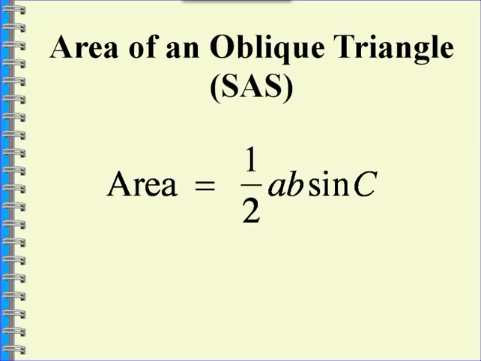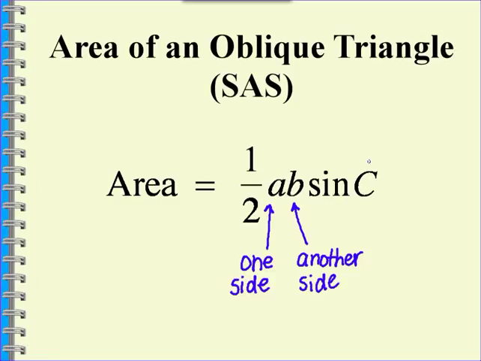If we're finding the area of an oblique triangle in which we know the side, angle, side, we don't have a fancy name for it, but here's the formula: 1/2 AB times the sine of C. A is one side, B is another side, and C is the angle between the sides.